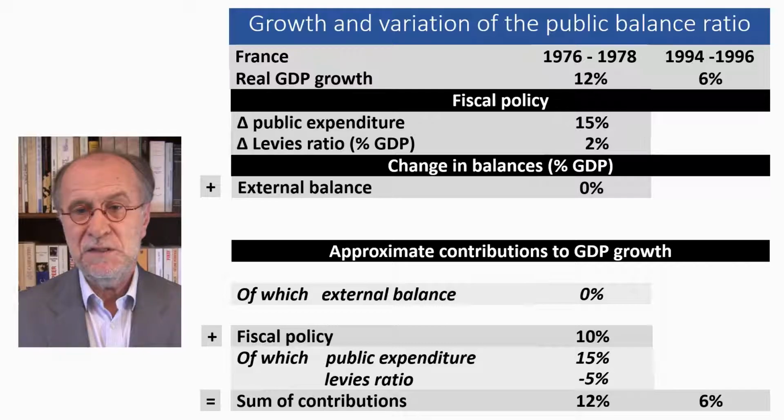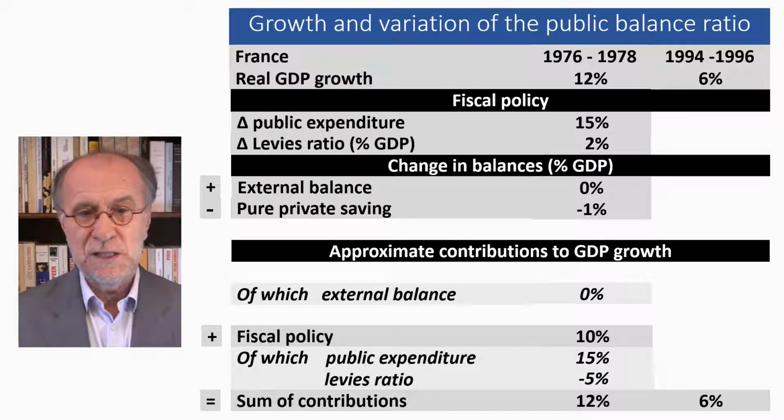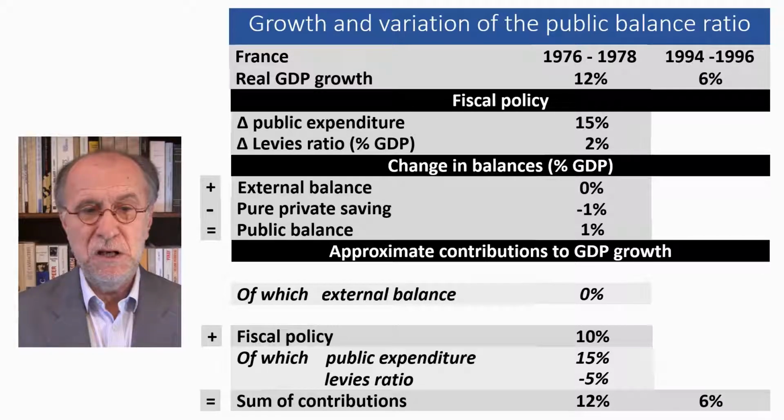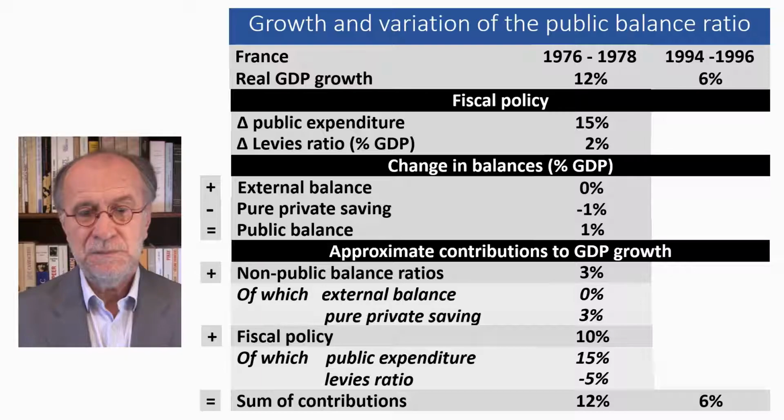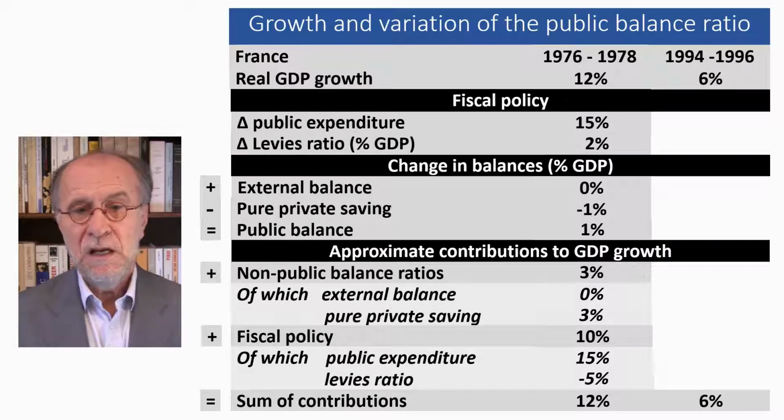Only the 1% drop in the pure private savings ratio was responsible for the timid 1% rise in the public balance ratio and also drove GDP up 3%. In total, during this period of strong growth, the public balance ratio improved only slightly, for the reason I've just explained.